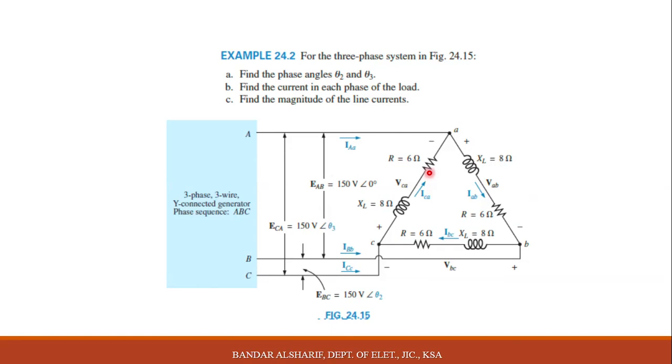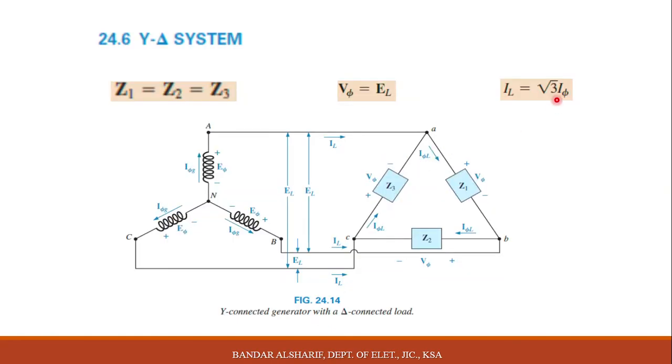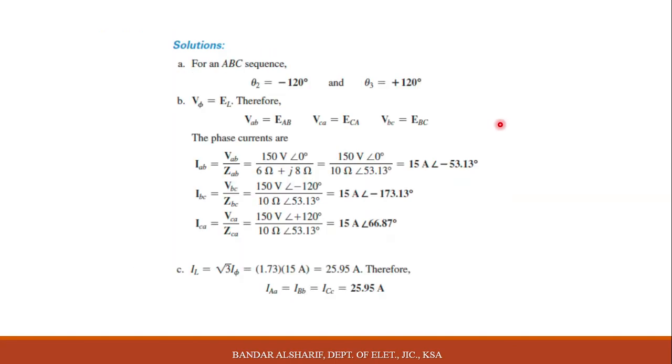We know that in delta connection, if you multiply I phase by root 3, you will get I line. It's easy, we only multiply. 15 ampere multiplied by root 3, you will get 25.95 as a magnitude.